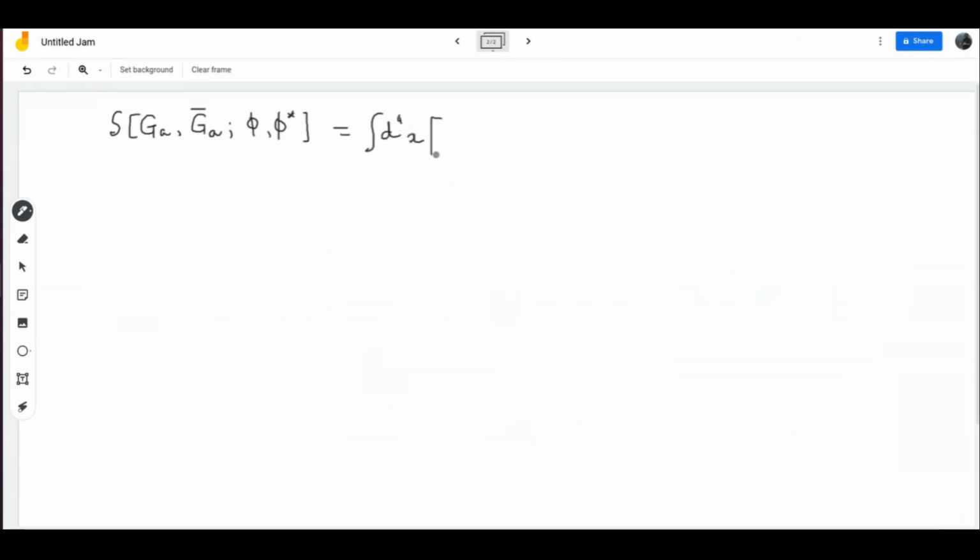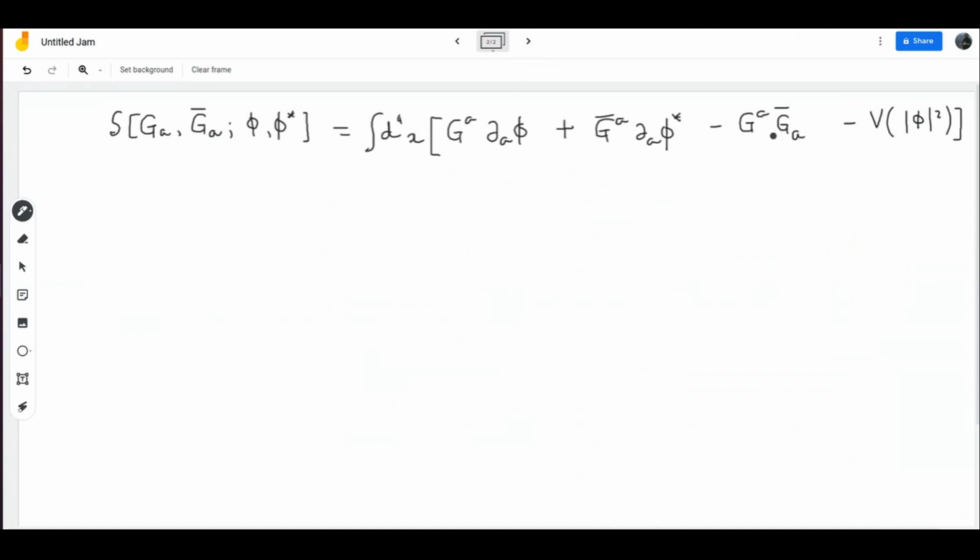The integral d^4x of G^A ∂_A phi plus G-bar^A, which is the complex conjugate of G^A, ∂_A phi star, minus G_A G-bar^A, minus V of mod phi squared. That's the same as before.